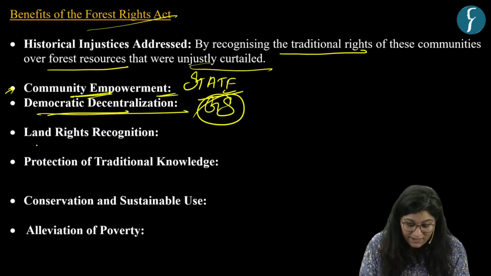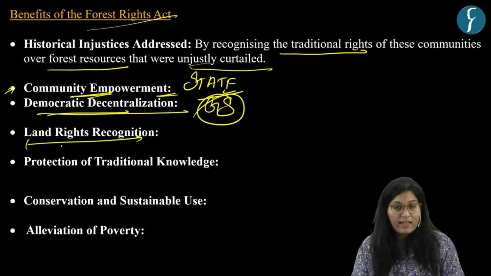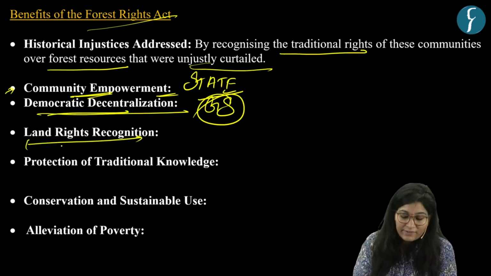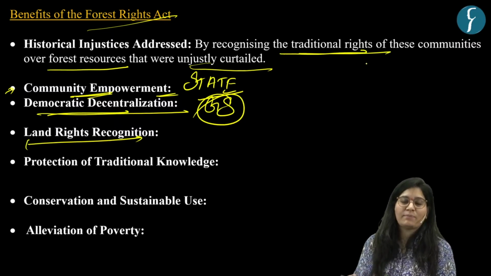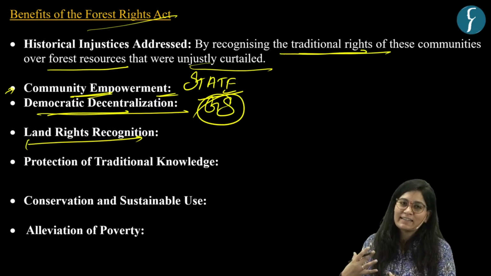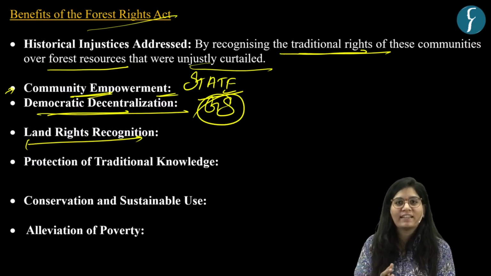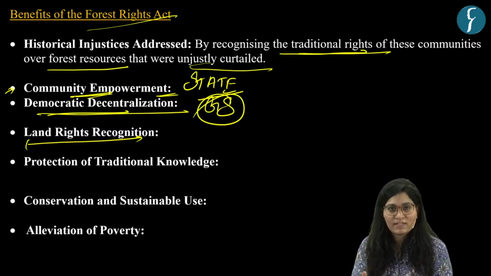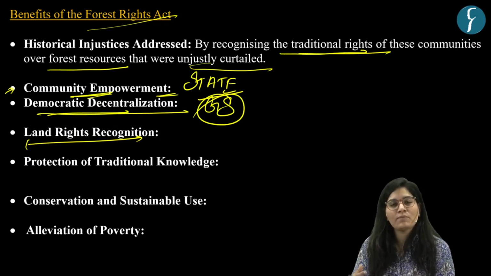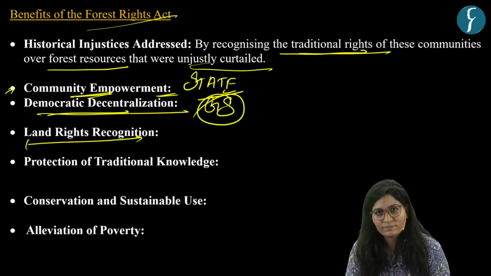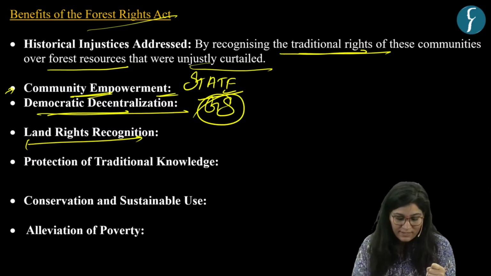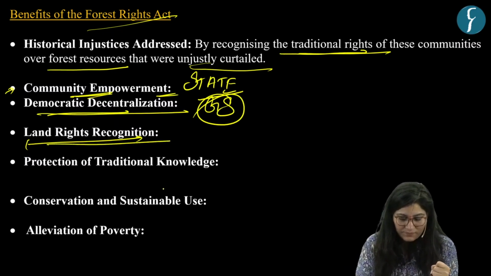Then we have land rights recognition. Now, by recognizing the traditional right, by giving the legal right, they now have a legal document or legally they are occupying that forest, which will safeguard them from unwarranted eviction. Okay, so land right recognition.